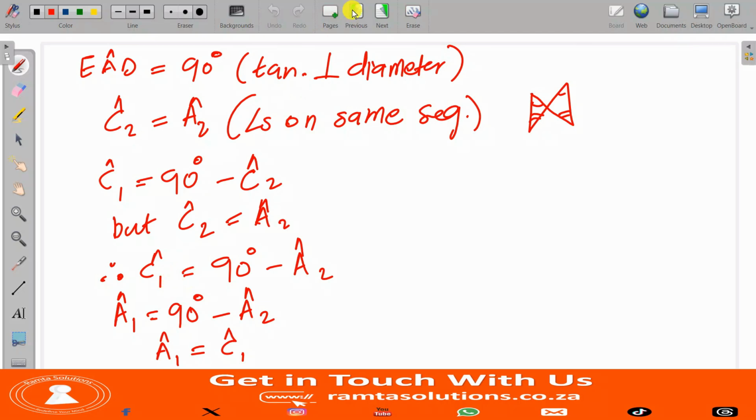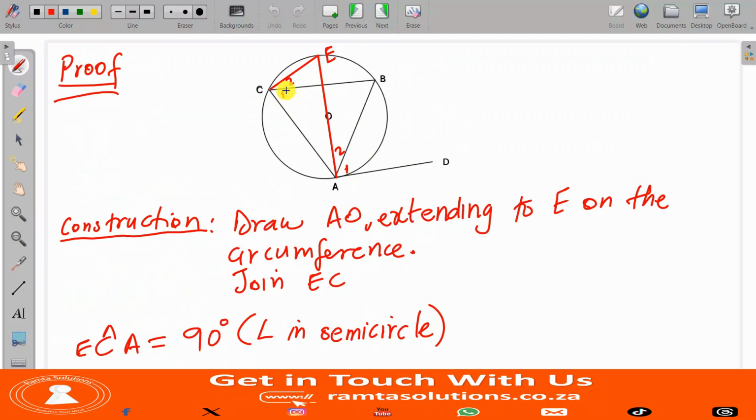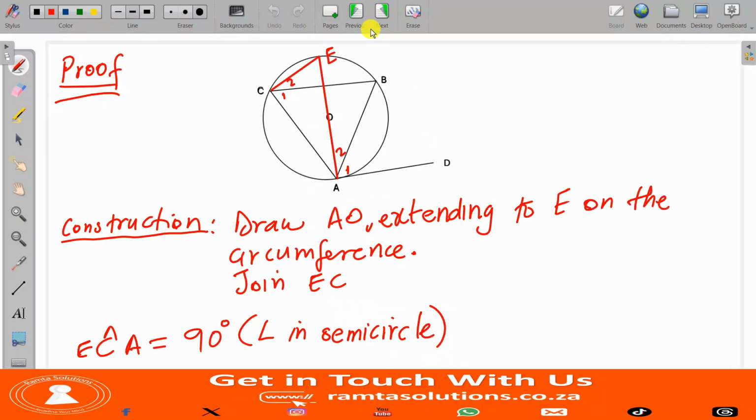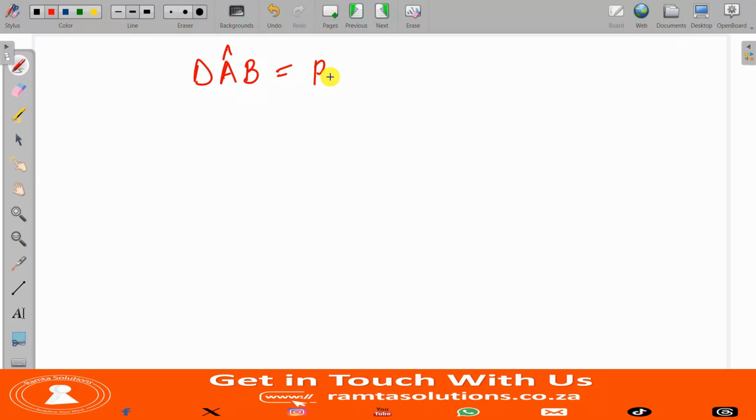What is angle C1? Angle C1 is this one here. We called it angle BCA. So angle C1 is this one here. Indeed, it is BCA. It is equal to angle BCA.